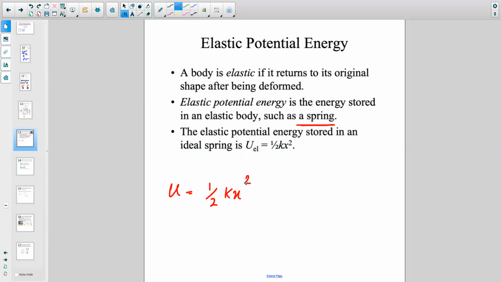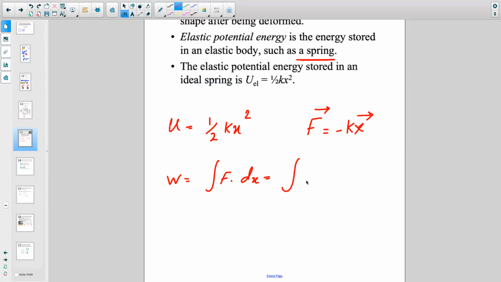If you want to care for direction, you have to put a negative here. And if you remember why: F was negative kx for a spring, and the work was the integral of F dot dx, or the integral of negative kx dot dx, which is negative k times the integral of x dot dx.